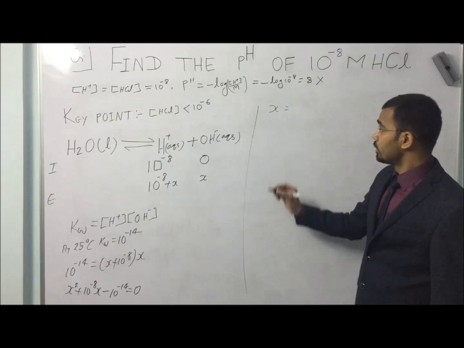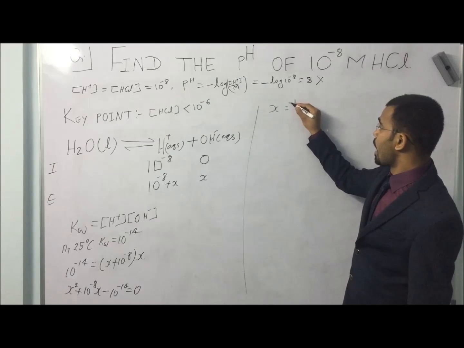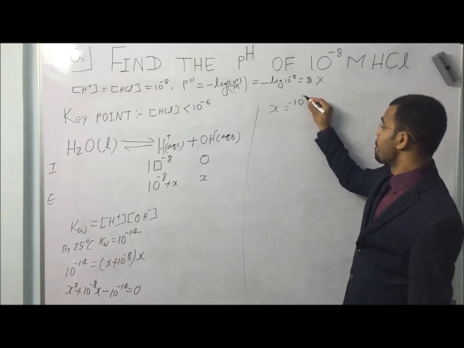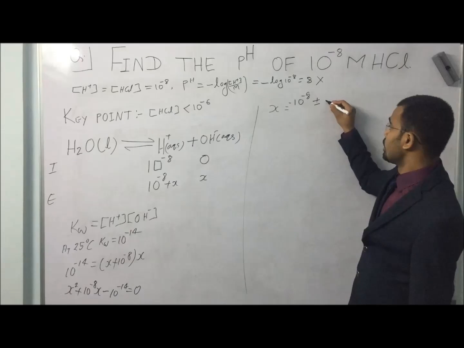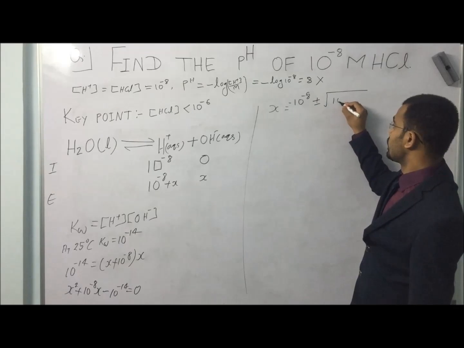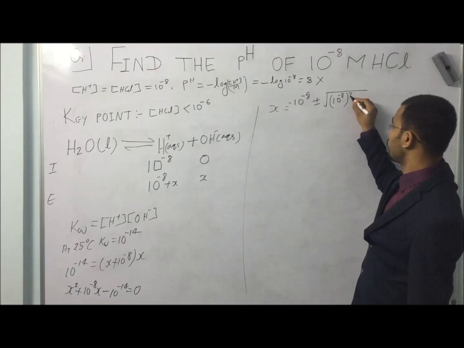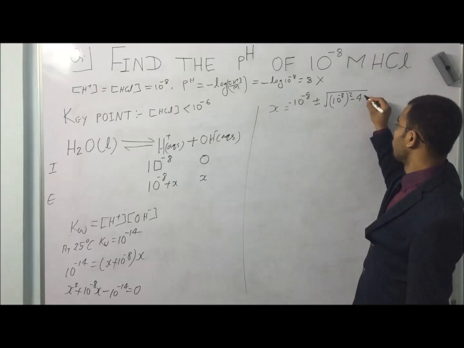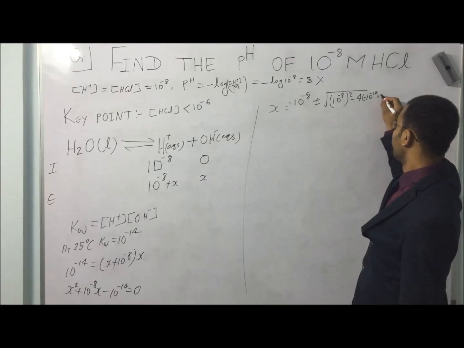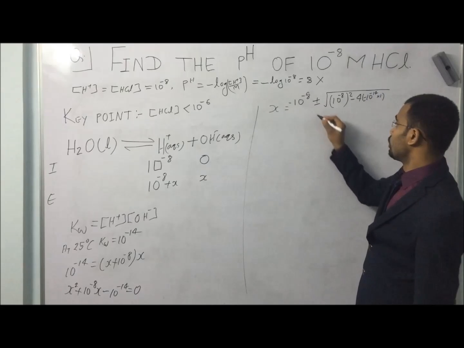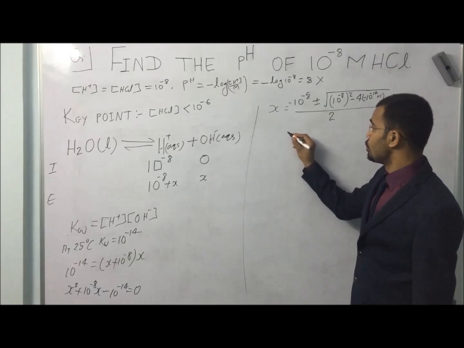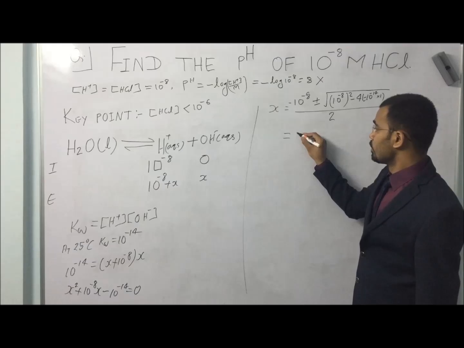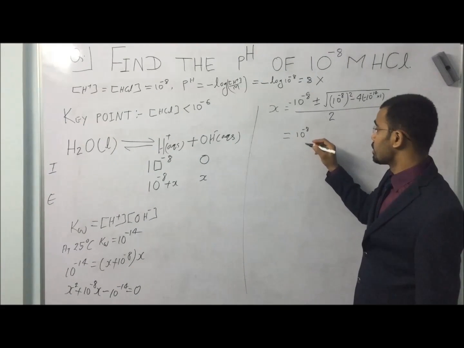By the root of the quadratic, the value of x will be minus 10 raised to minus 8 plus or minus root under 10 raised to minus 8 whole square minus 4 into minus 10 raised to minus 14 into 1, divided by 2.